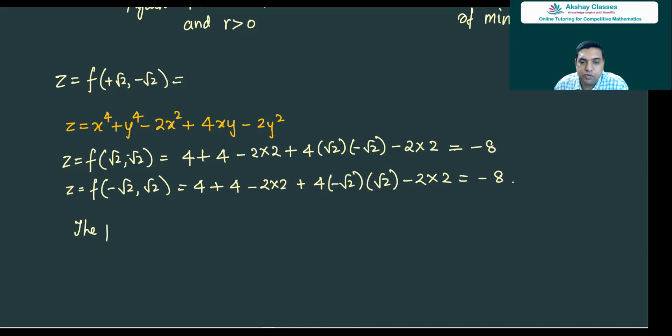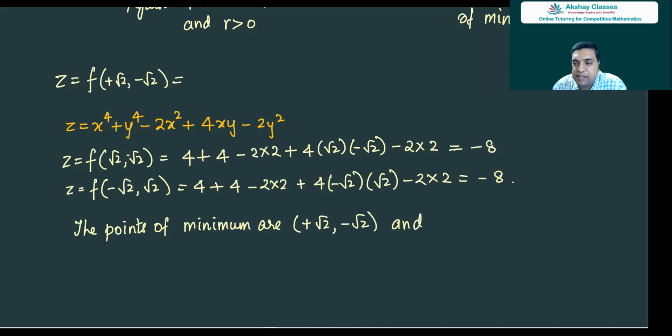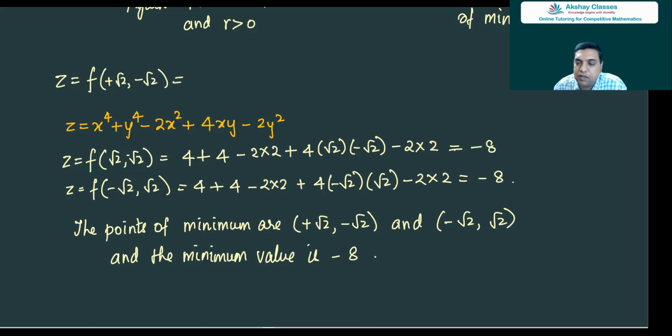The points of minimum are (root 2, minus root 2) and (minus root 2, root 2), and the minimum value at both these points is minus 8.